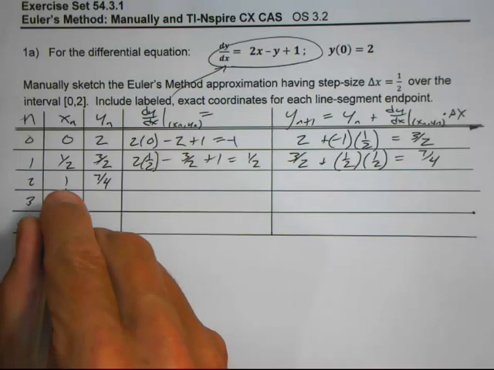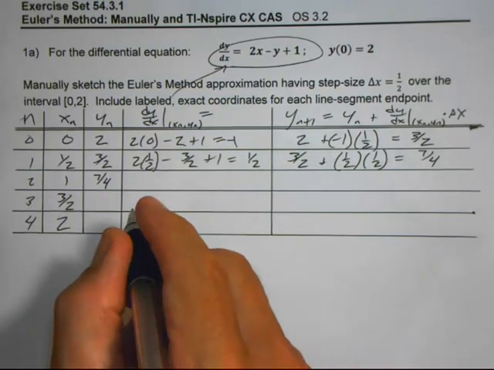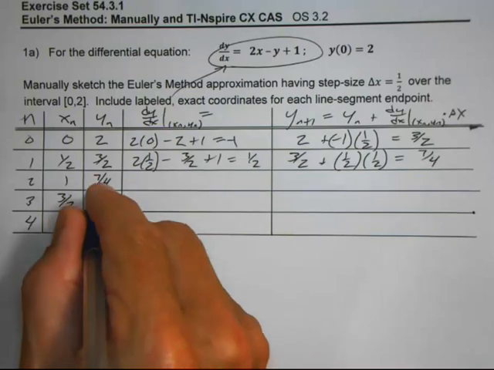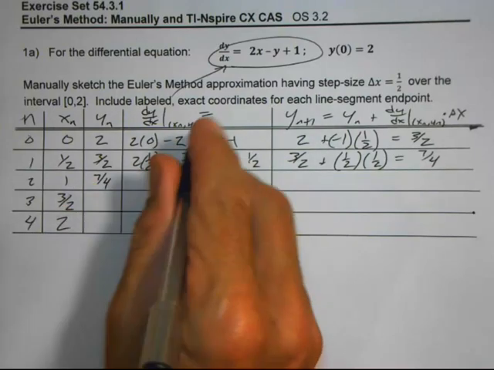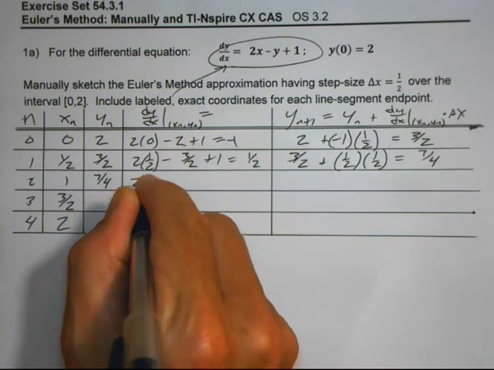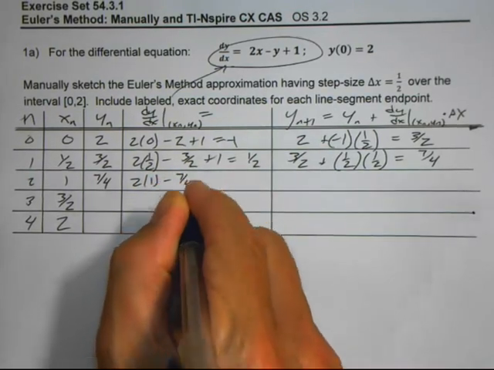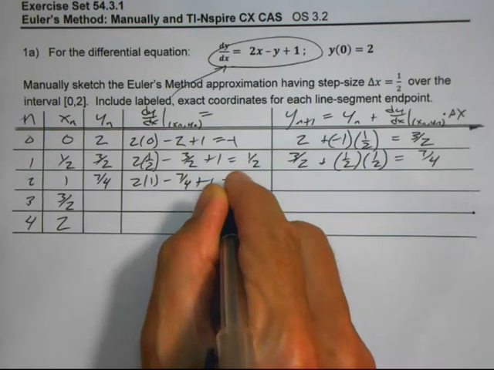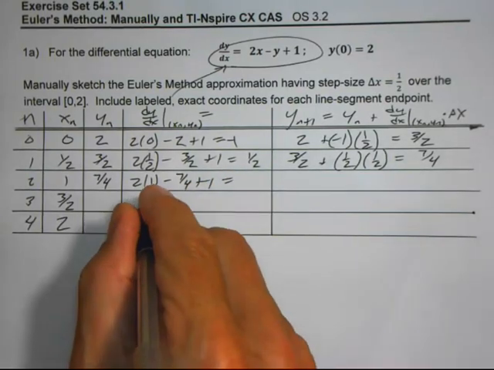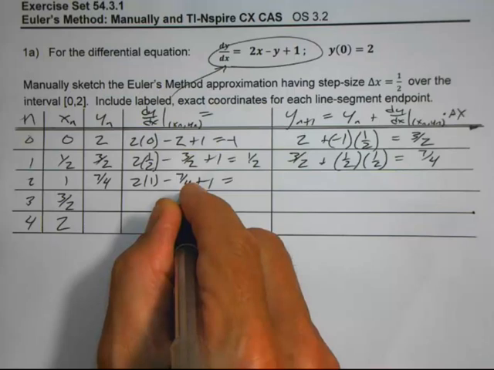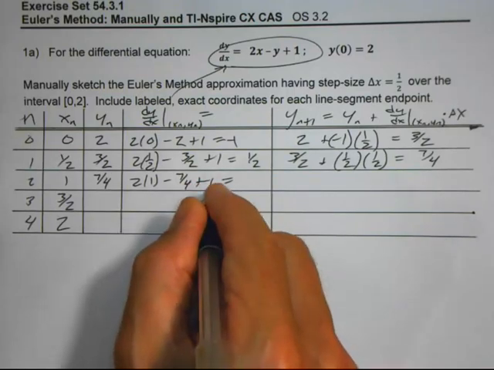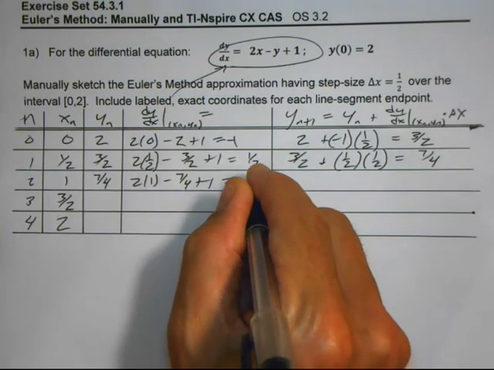Okay, so this point (1, 7/4) is an endpoint of one of the line segments. Which direction to now head? Okay, back to dy dx. 2 times x is 1 here, minus 7/4 is y, plus 1. We're at, let's see, 2 minus 7/4 down to 1/4, plus 1 puts us at 5/4.